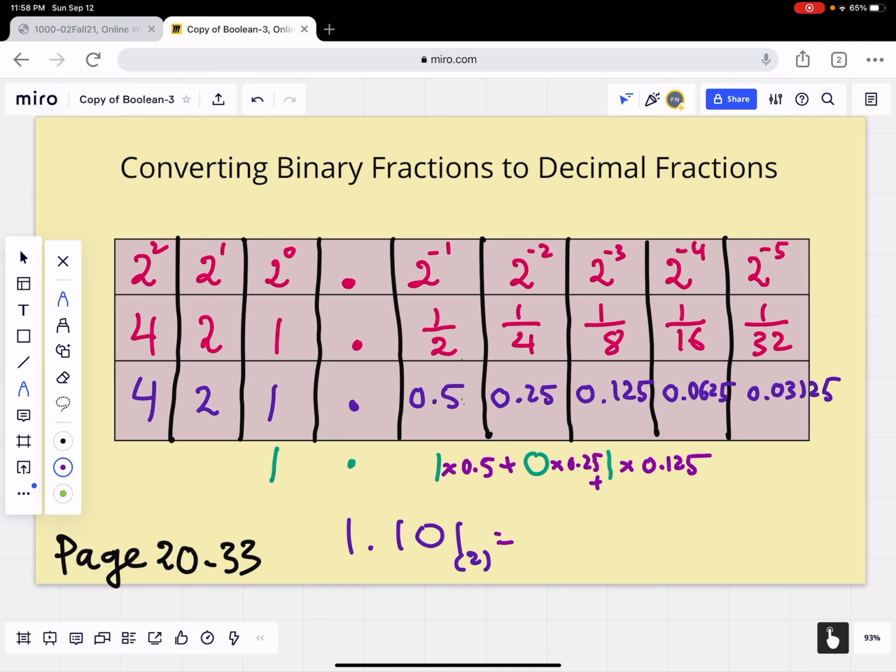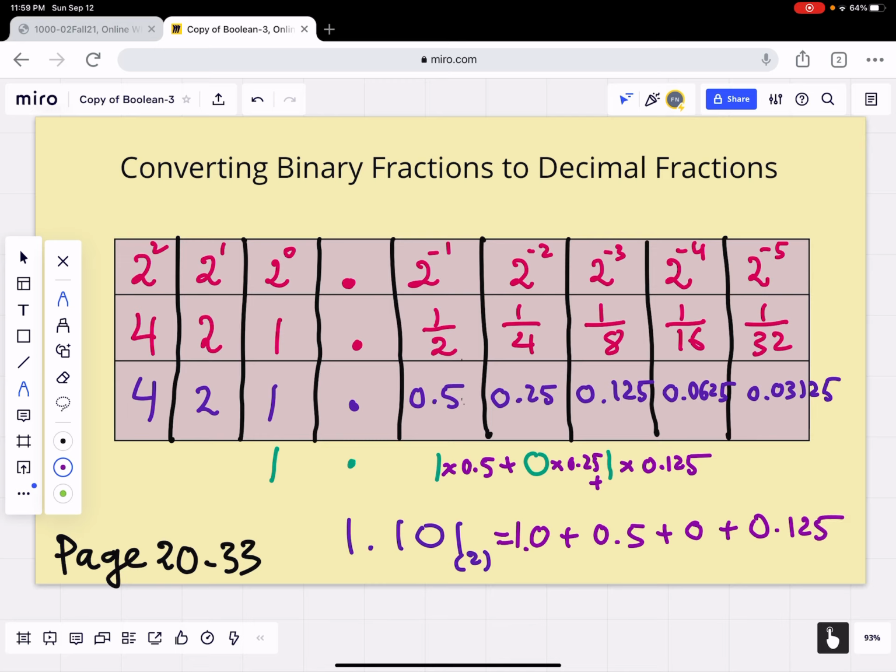So if you multiply first and then add together, you got 1 plus 0.5, and plus 0, so 0 multiplied by 0.25 equals 0, and the last one is 1 multiplied by 0.125 becomes 0.125.